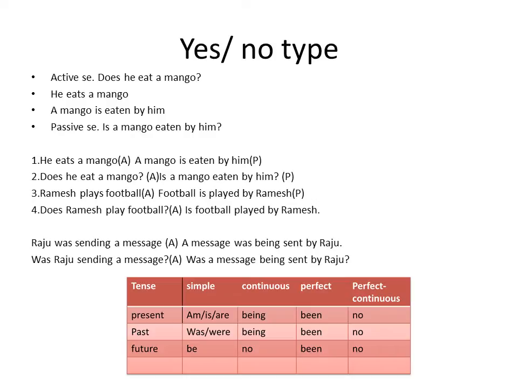Then we have to transfer it into an assertive sentence, Raju was sending a message. Then we make the passive construction: A message was being sent by Raju. Again we transfer it into a yes/no type question: Was a message being sent by Raju?